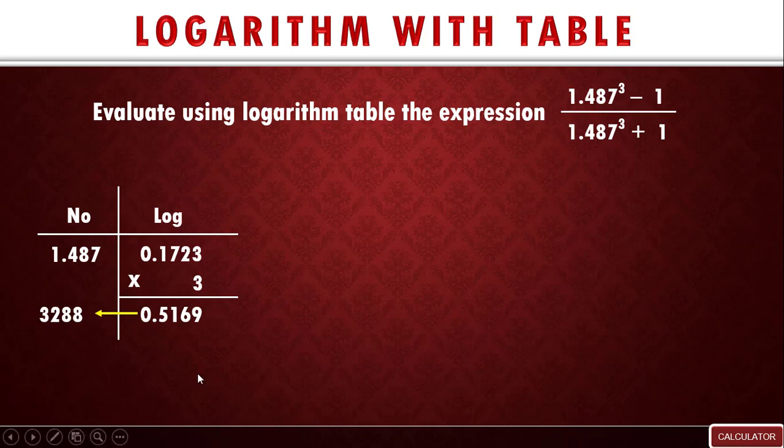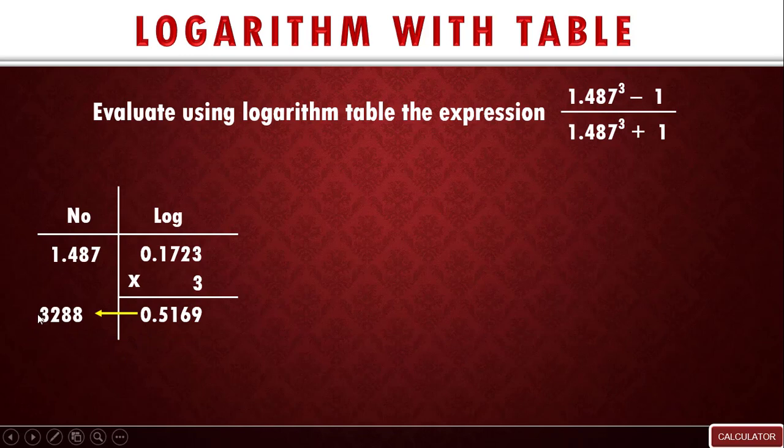So all you need to do is to add 1 to this value. If you add 1 to this characteristic, that will give 1 for you to know where you're going to put your decimal point. So you are starting your counting from this place, that's before the 3. So since we added 1 to this 0, that 1 will determine our decimal place.